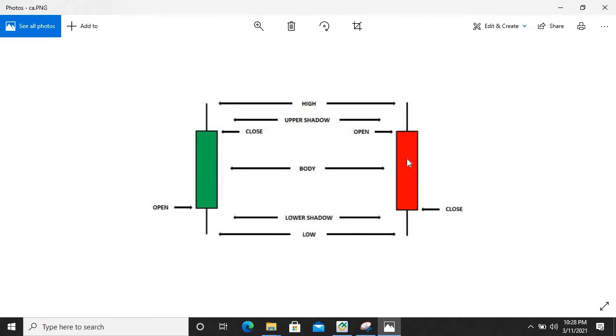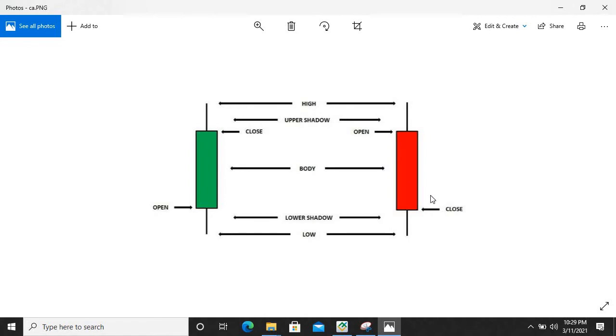This part is called the upper shadow, and then this is another part. It's called the lower shadow. Okay, from here up to here, from close to open, this part is called the body.